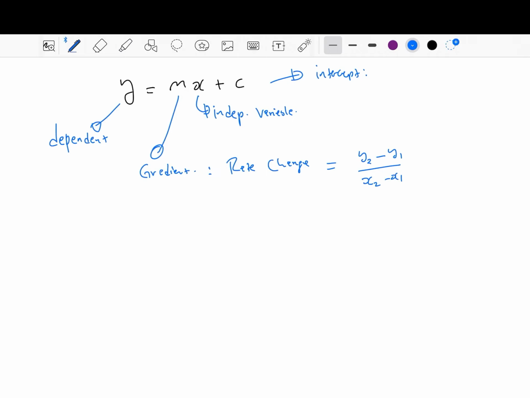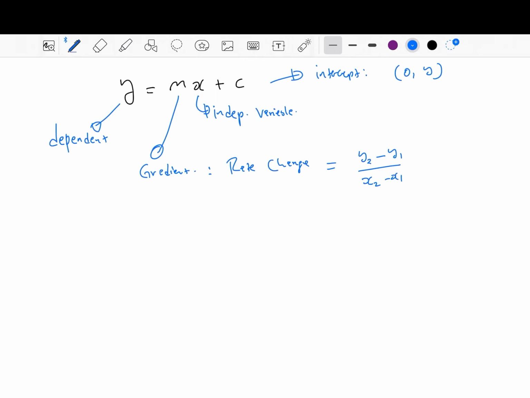And then from there you can identify your C, your intercept. Your intercept is when x is equal to 0. And what is your y? So basically, when your x is equal to 0, what is your dependent variable? That is your intercept. That depends on the context of your problem.